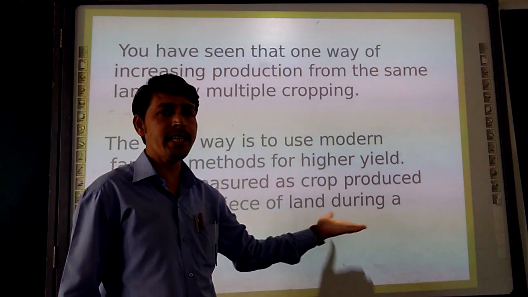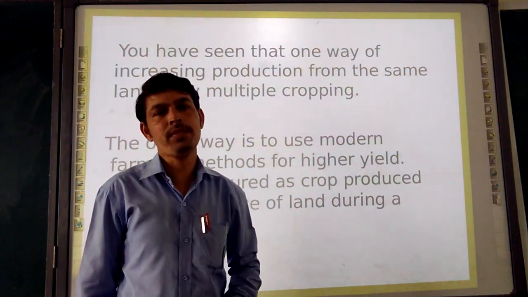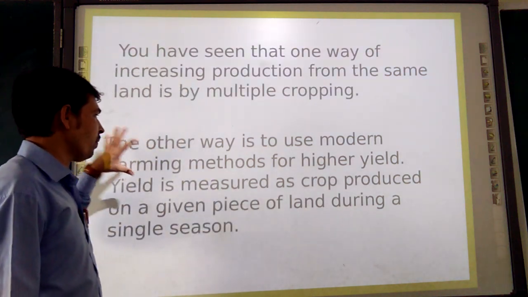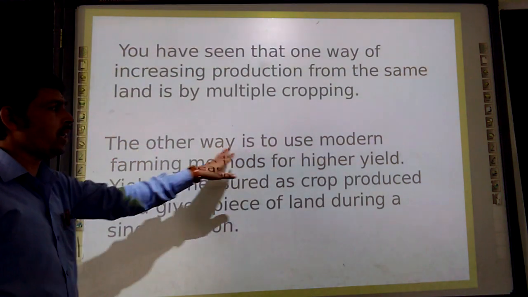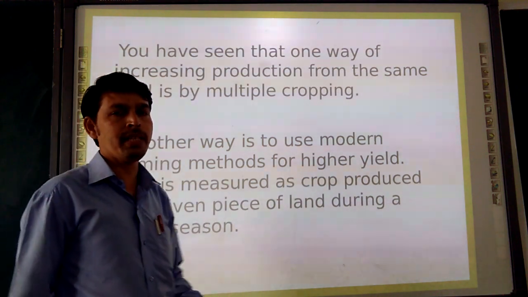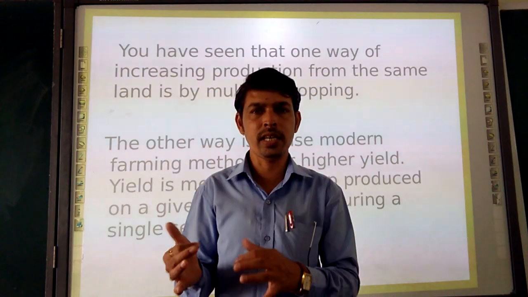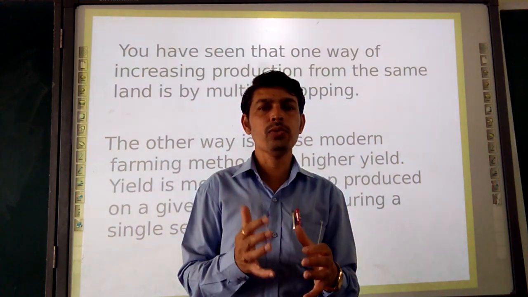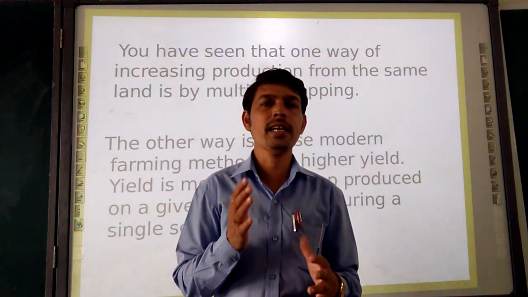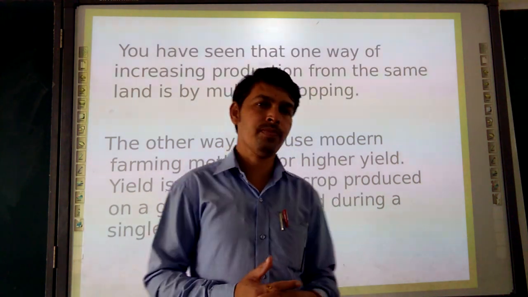So higher yield is going to be there by using high yielding varieties of seeds. Instead of using the old traditional seeds, now they use high yielding varieties of seed, that means the HYV seeds.